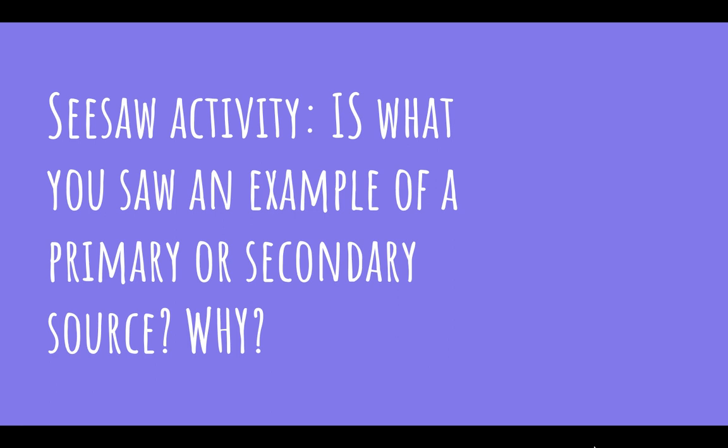Is it an example of a primary source or a secondary source, and why? So today, third graders for social studies, you're going to watch this video, which you already are. Go ahead and watch the YouTube video summarizing primary and secondary sources, and head on over to Seesaw to see if the example I've put up is a primary or secondary source, and explain why.